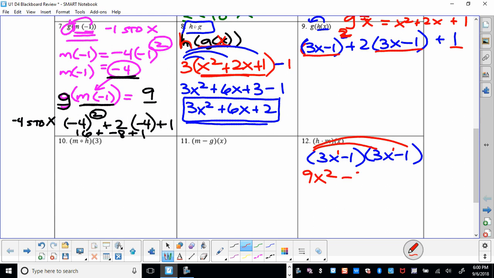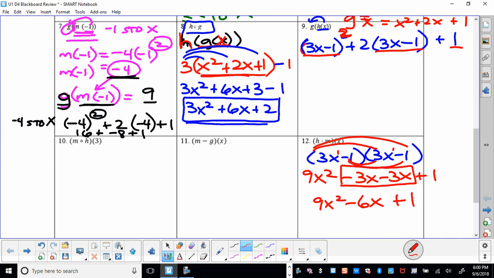And I've got a negative 3x. Now we do these guys, so that would be a negative 3x again. And negative times negative is a positive 1. Okay, and then I have my like terms here in the middle that I can combine. So I have 9x squared minus 6x plus 1.